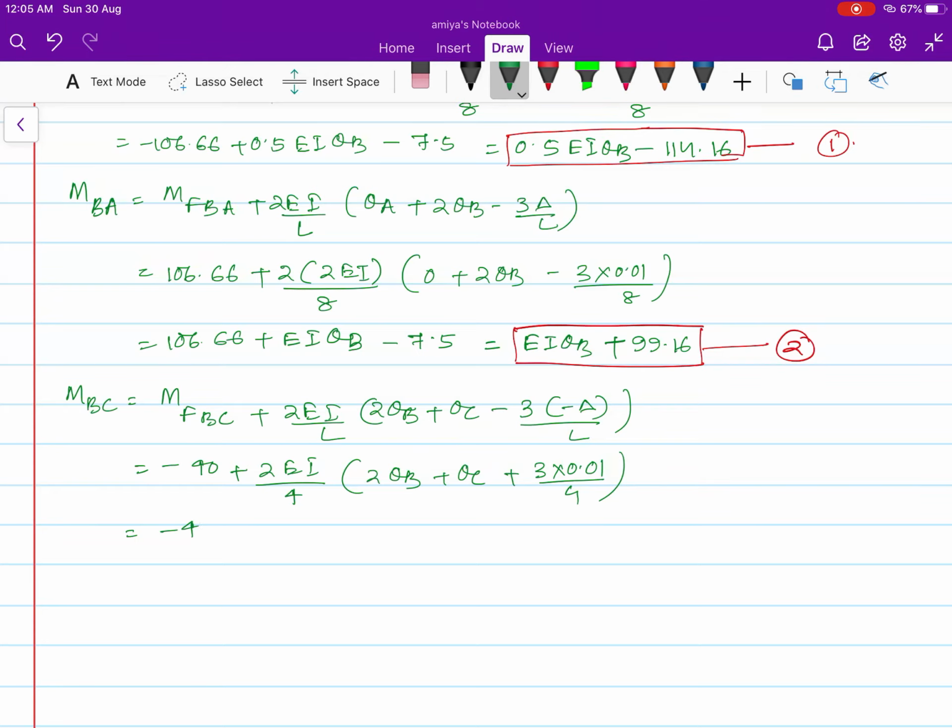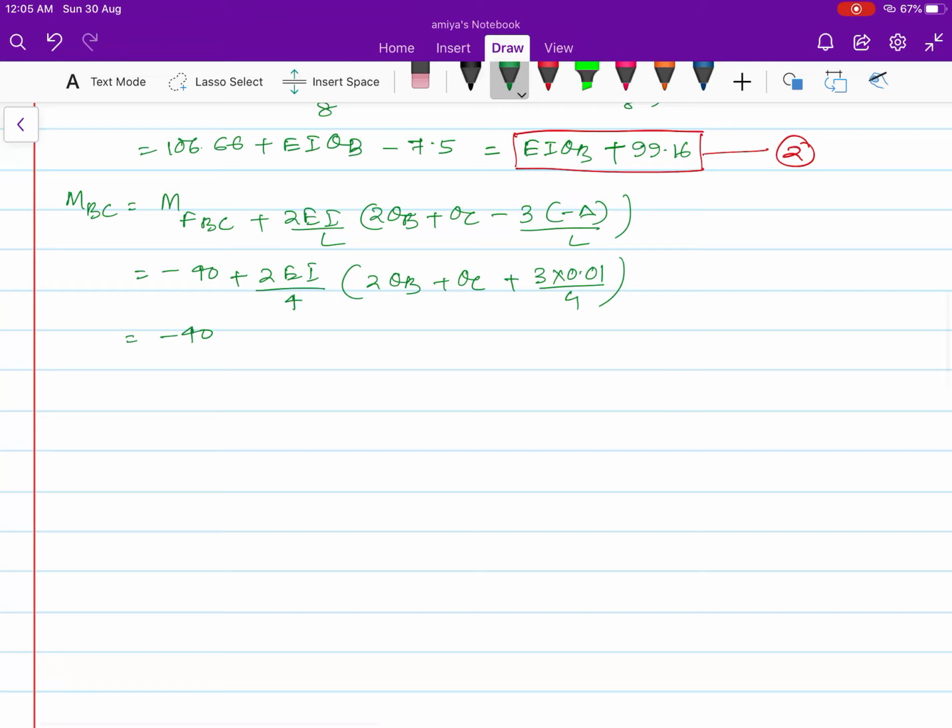So minus 40 plus EI into theta B plus 0.5 EI into theta C plus 2 into 4000 into 3 into 0.01 divided by 4 into 4, we are getting 15.